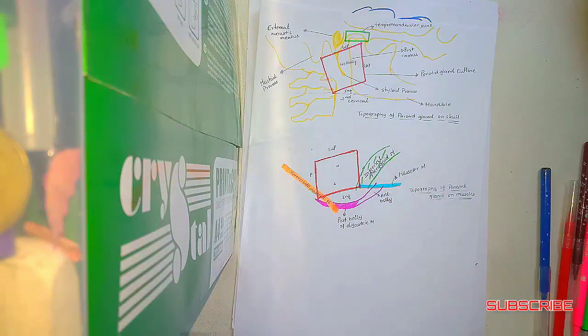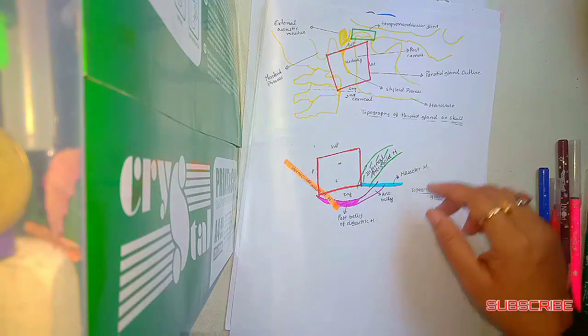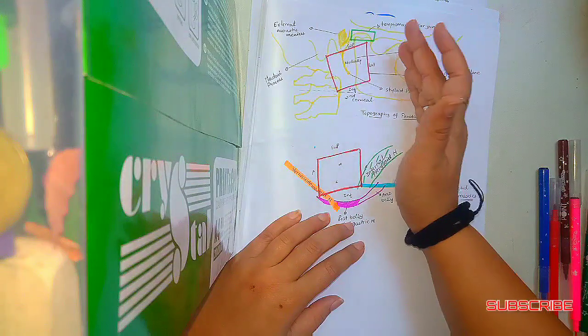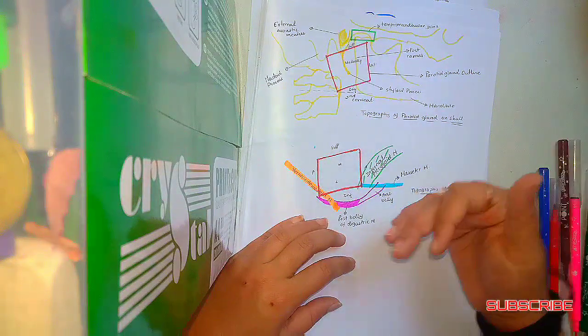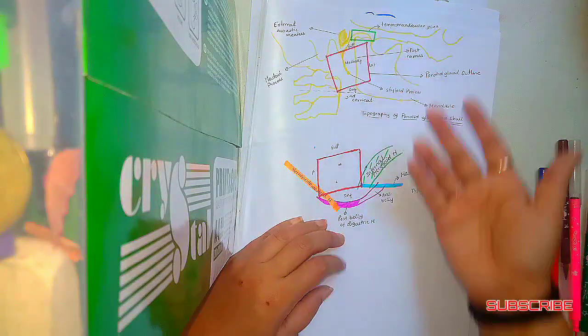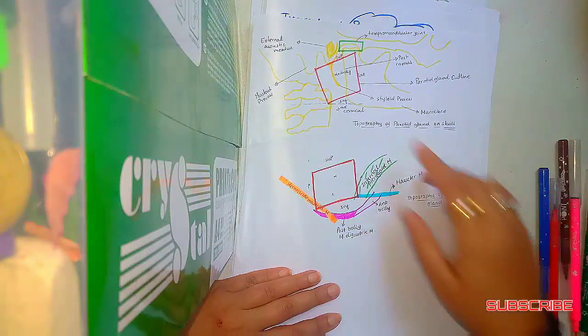On the anterior side, wait a minute, on the anterior side we have the muscles, on the posterior side we also have the muscles, on the inferior side we also have the muscles, and on the lateral side we have the muscles. So the remaining things are superiorly and medially.